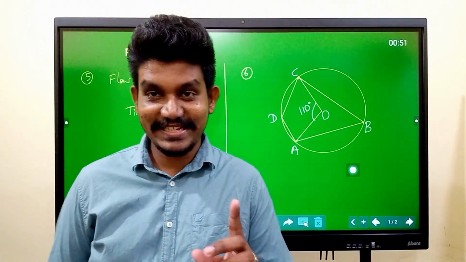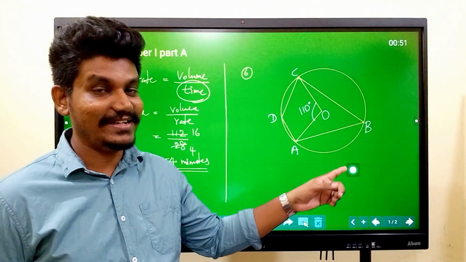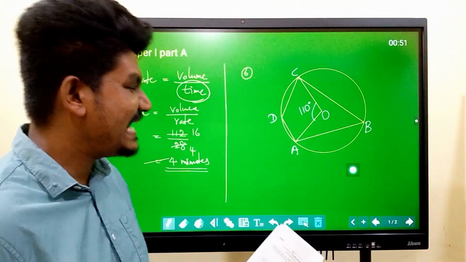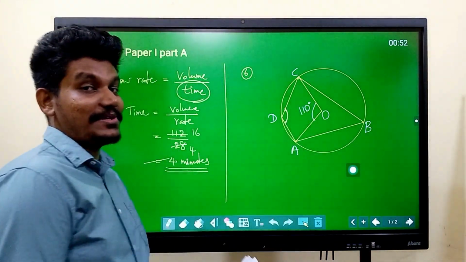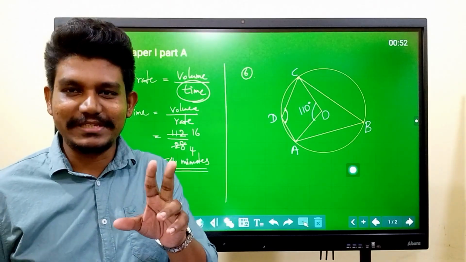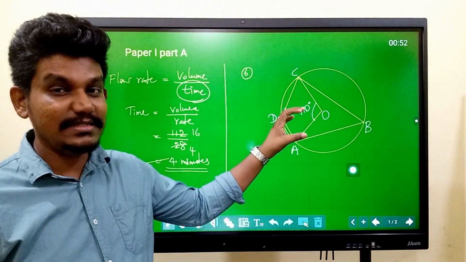Let's see question number 6. There's a figure given, so it's related to cyclic quadrilaterals. ADC is to be found. We have to apply two theorems basically. If you remember, in grade 10 you learned angles in a circle.